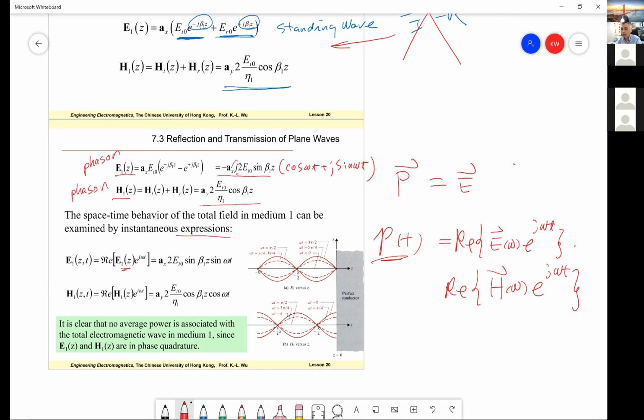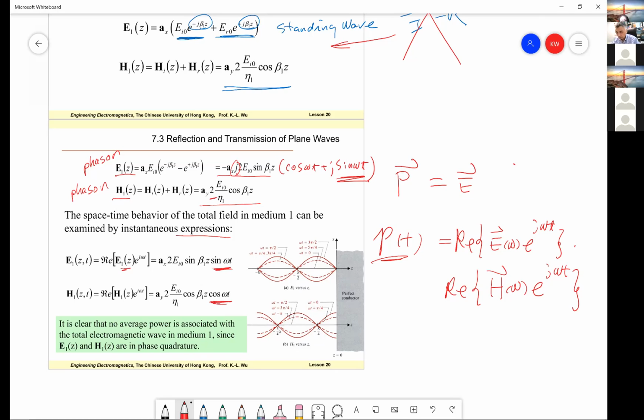So don't forget we have a j, which means we take sine omega t. This is a simple complex number, and we don't waste time here. Similarly, we can find the magnetic field. Because for the magnetic field we don't have j, we use cosine omega t.